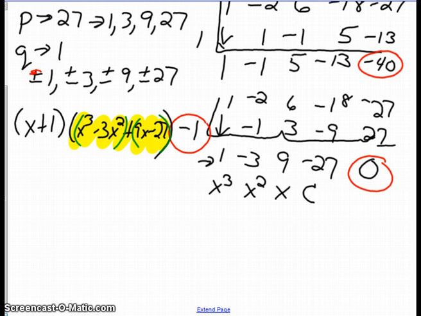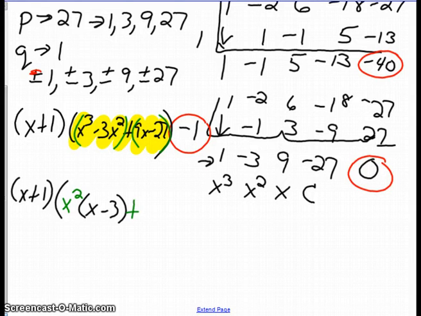Okay, the GCF of the first group, I'm just going to bring down the x plus 1. The GCF of the first group is x to the second. All right, x to the third divided by x to the second is x. Negative 3x to the second divided by x to the second is negative 3. The GCF of the second group is 9. 9x divided by 9 is x.